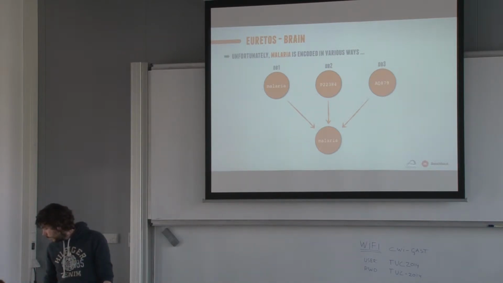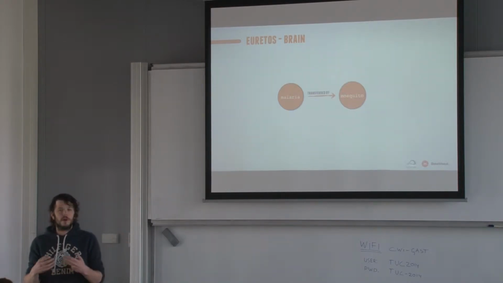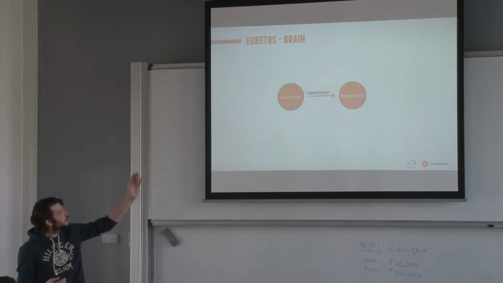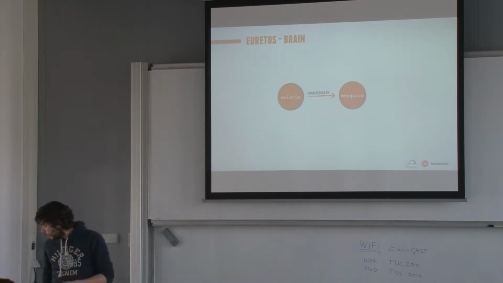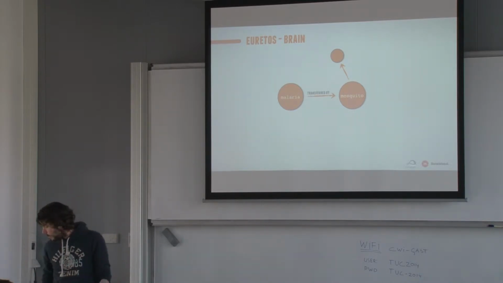Now, if you do that, you get a very nice network, because you get kind of like a biological knowledge network. You have, for instance, malaria that is transferred by mosquitoes. But as all databases refer to the same mosquito and all databases refer to the same malaria, we basically have a big knowledge network of everything that is related to it.